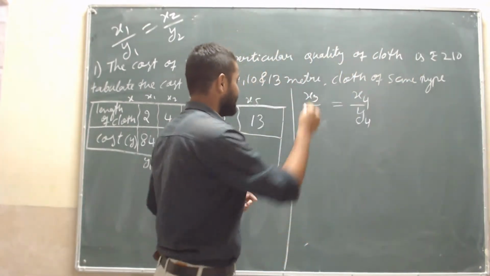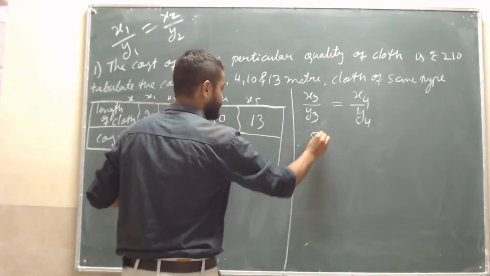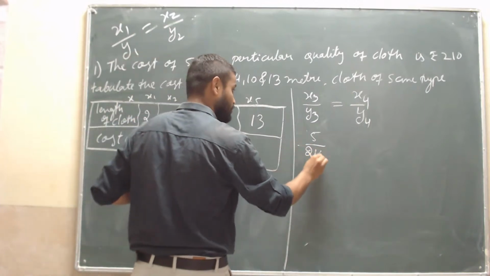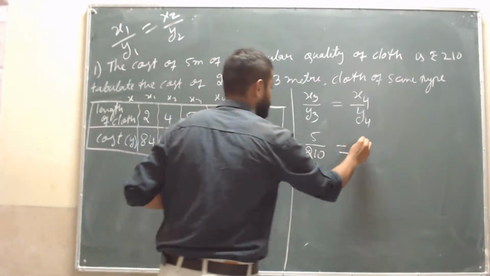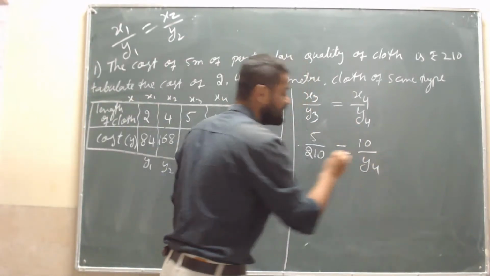What is the value of x3? 5, and the value of y3 is 210. Then x4 is 10 and y4 is simply y4.